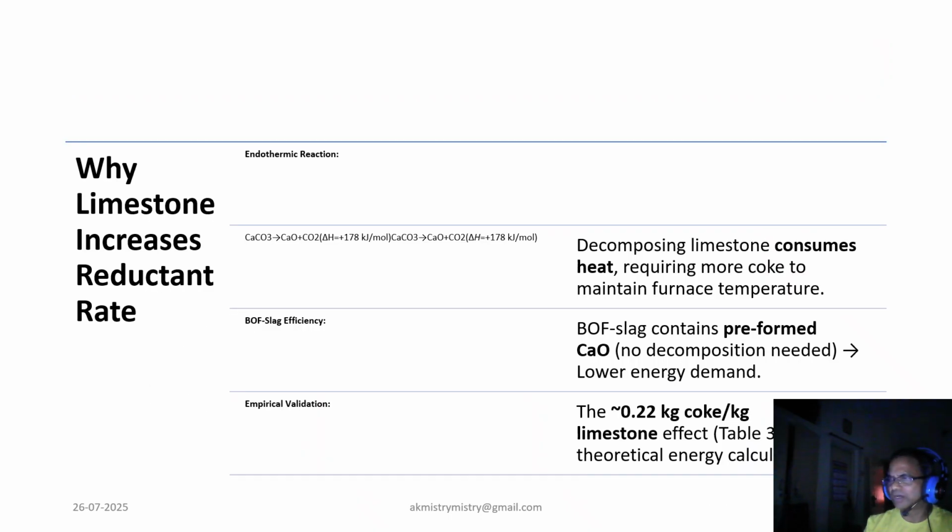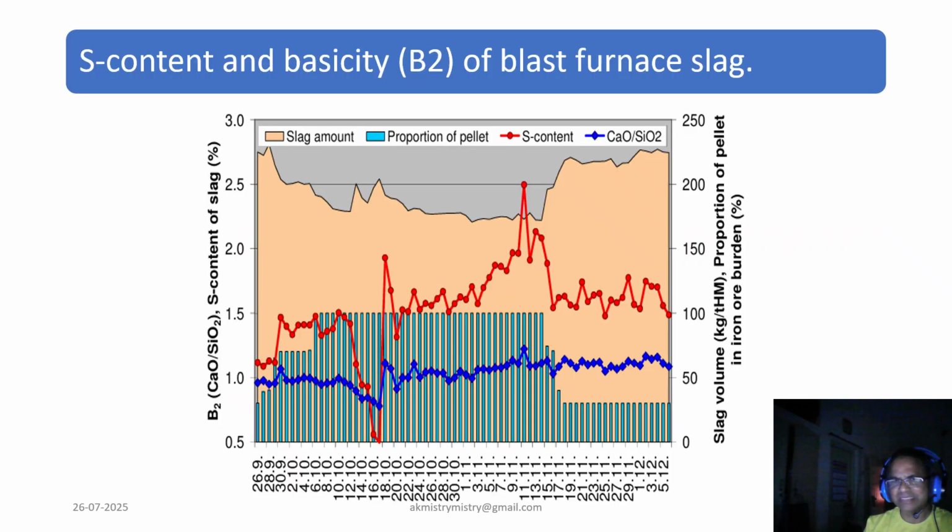So now coming to the sulfur content and basicity of blast furnace slag. As we can see, this graph shows how sulfur content in slag correlates with basicity. The red line shows the sulfur in slag, whereas the blue line is about the CaO by SiO2 ratio.